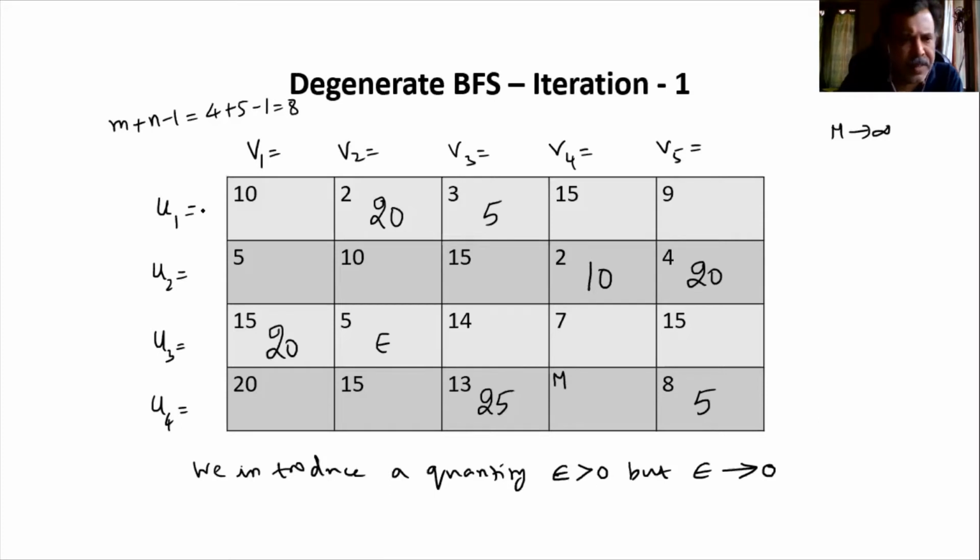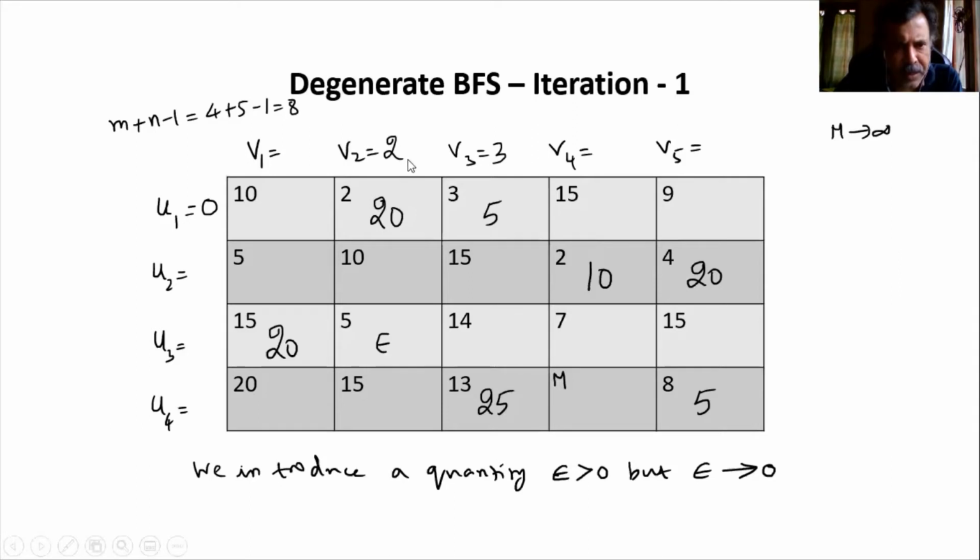To start with, we always consider this U1 as 0, and then we try to find out the rest of the Uis and Vjs. Since this is the first allocated cell, 0 plus something, I should get this 2, so that something should be 2 here. Then 0 plus something, I should get this 3, so that something should be 3 here. Now, below this, let us come.